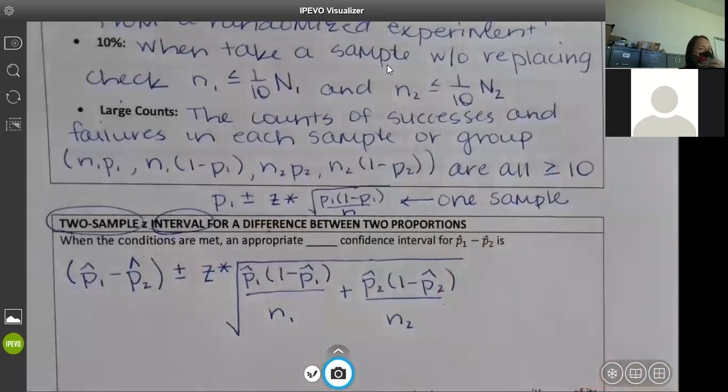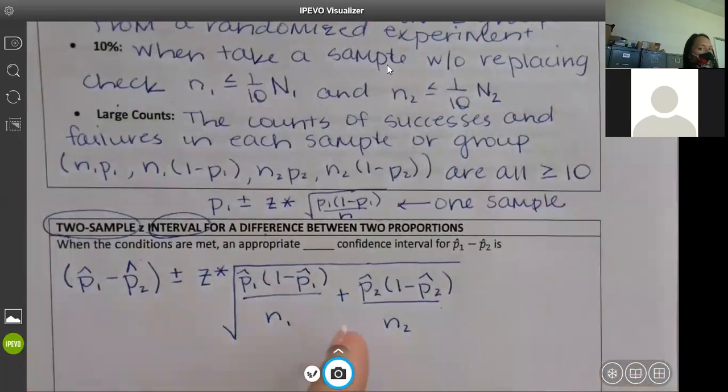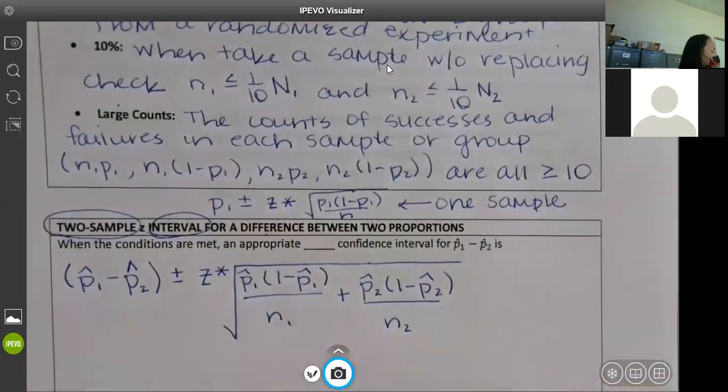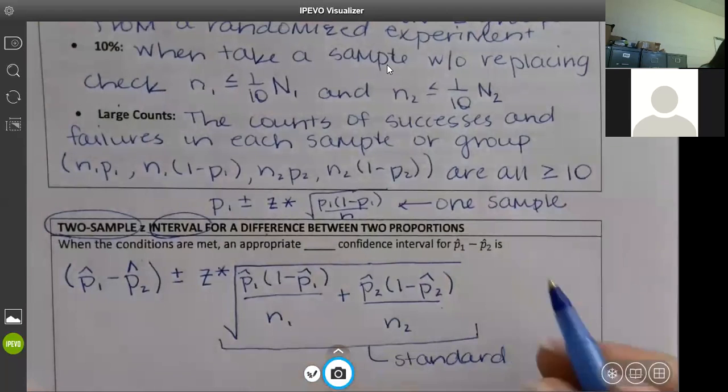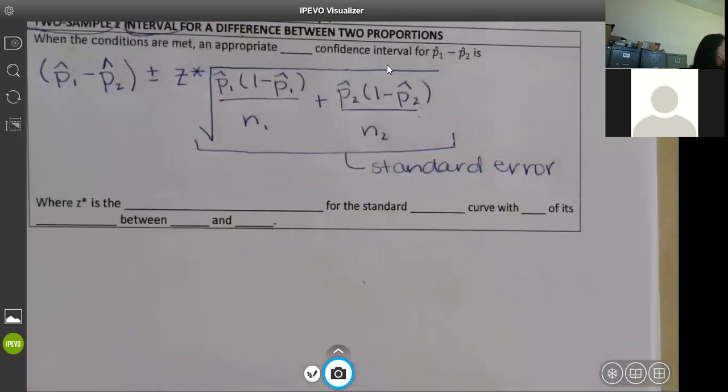So look at the formula. You should know it, right? Even right now, you should know it. So the only thing is, make sure this one is subtract, this one is add. Okay. Remember that this part without the Z star is the standard error. Okay, just as a reminder.